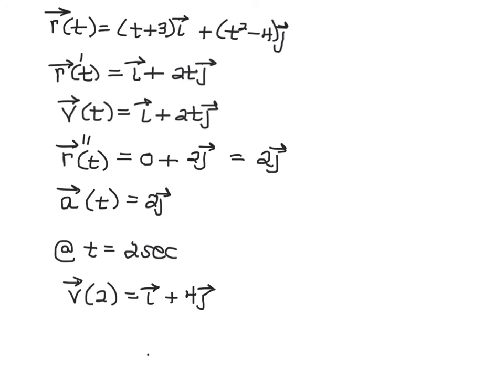That's our velocity. And our acceleration vector at time equals 2 is going to be 2 in the j direction.